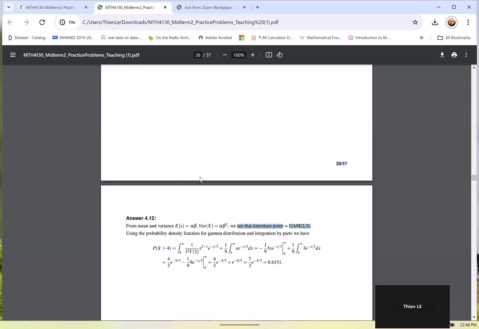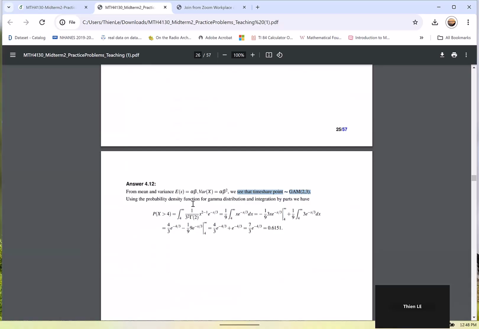Here we calculate the probability X greater than 4, which means we just integrate from 4 to infinity the PDF of the gamma distribution, and then use integration by parts. Then you plug in and it should give you the answer, which is the probability X greater than 4.